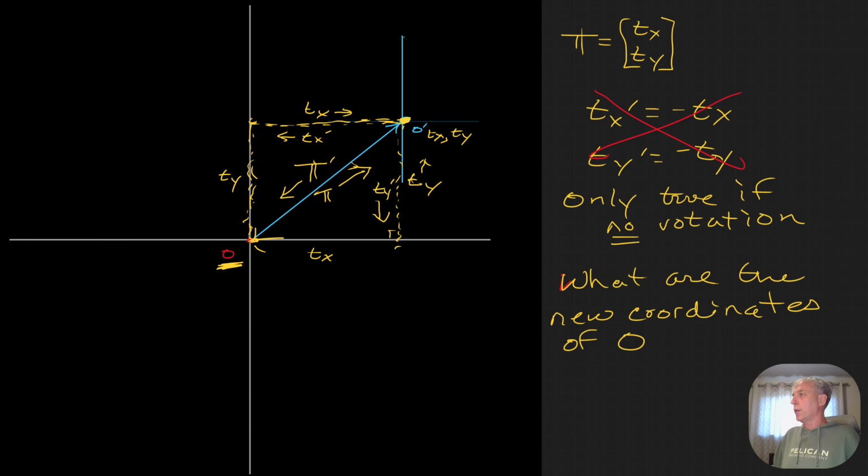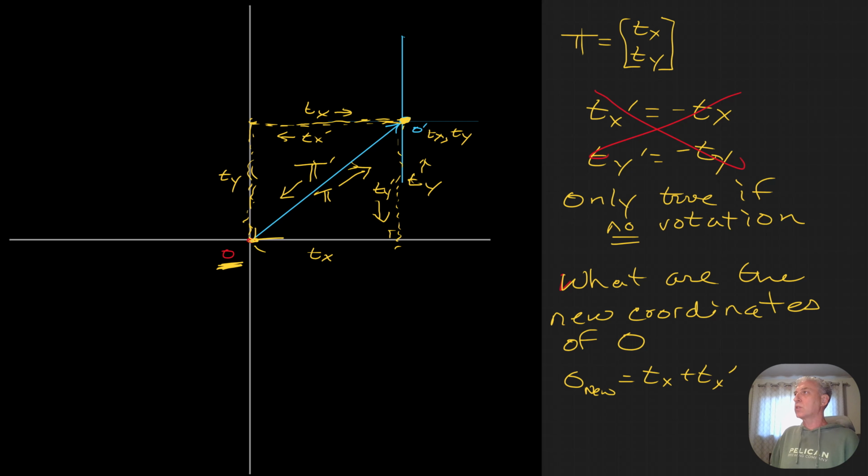How am I going to write this? Let's see. O new, I'll say, because we already have O prime taken, equals tx plus tx prime, right?